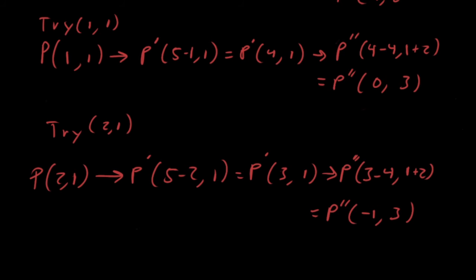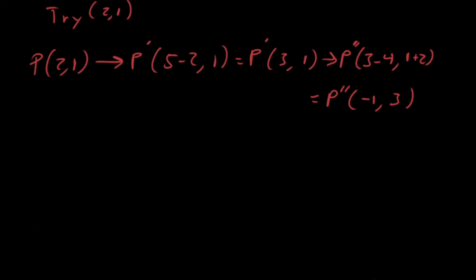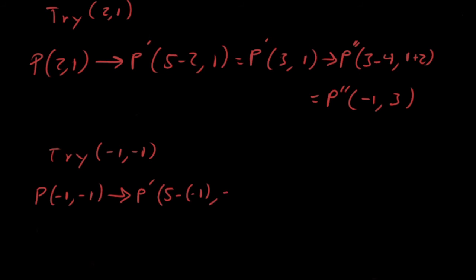All right. Let's do one more. Try negative 1, negative 1. So P of negative 1, negative 1 goes to P prime 5 minus negative 1, negative 1, which equals P prime 6, negative 1.